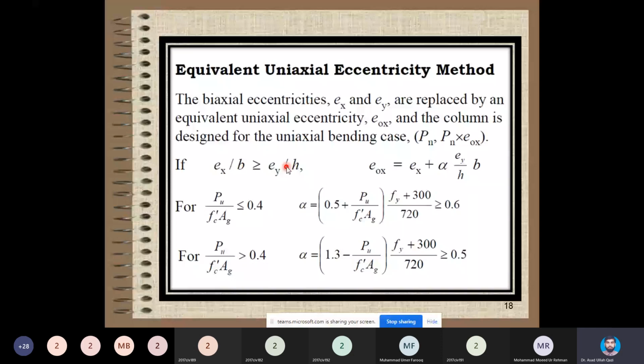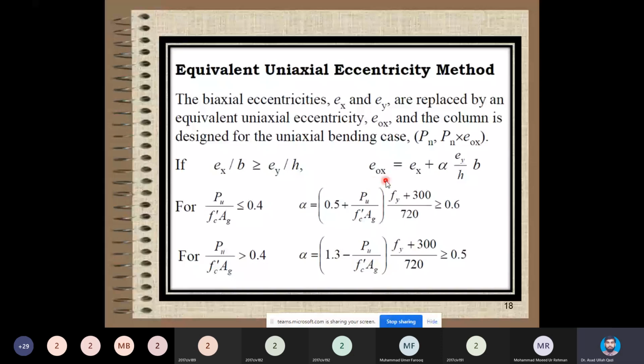It will be Ex equal to Ey over H into B. So this is over here, Ey over H into B. So it is actually the outcome of this equation, Ex equal to Ey into B over H. But along with that, there is one coefficient given here, which is alpha, which will be multiplied with this Ey over H into B to get the second component, which will be added to the actual eccentricity to get the equivalent uniaxial eccentricity along the x-axis.